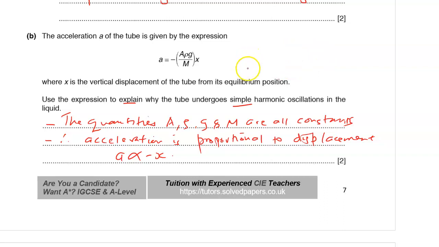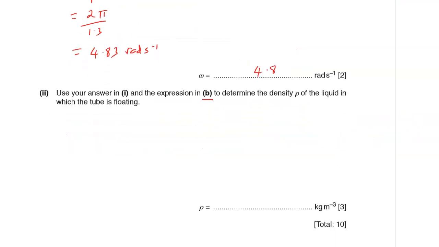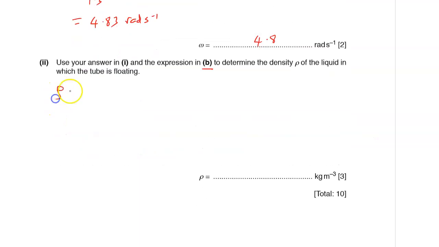We need rho, so rho will be acceleration times mass over A times g times x.